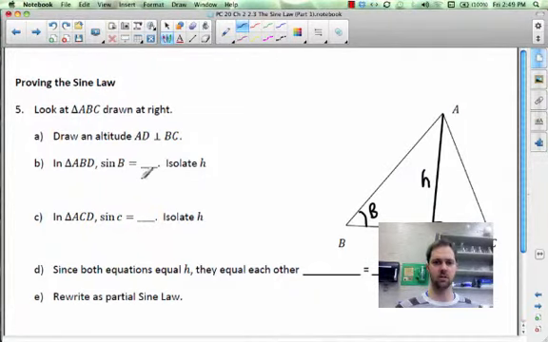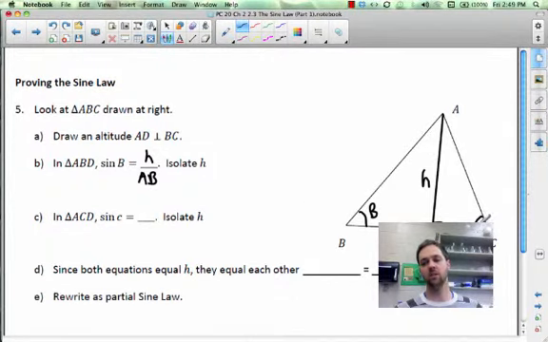So in this case, sine B equals H over the hypotenuse, which is the arm AB, this arm right here, that's the hypotenuse. In ACD, this right triangle here, sine C, so sine of this angle C, equals blank.